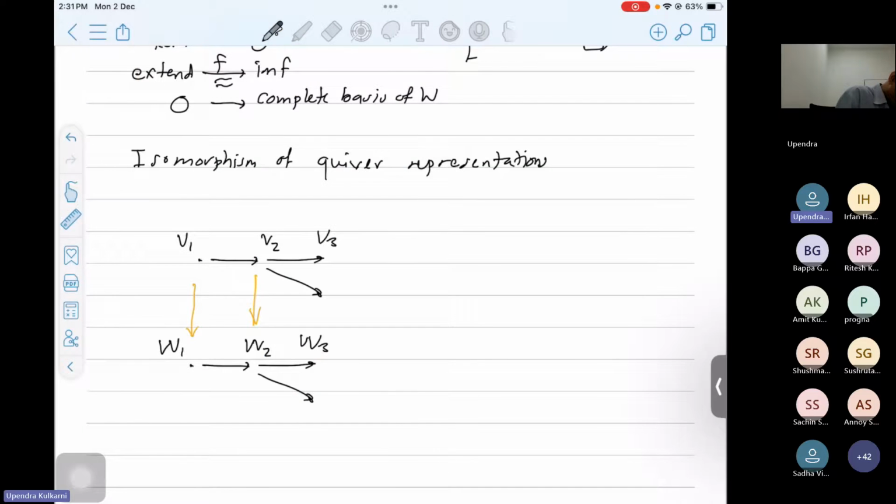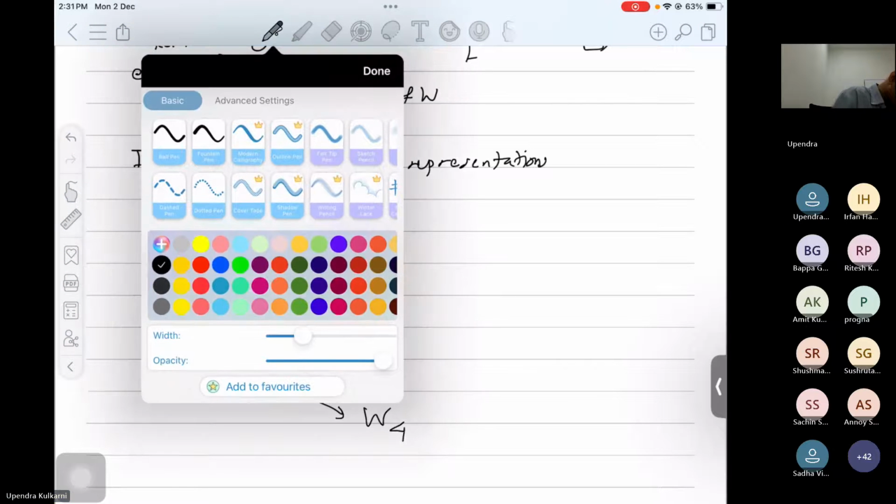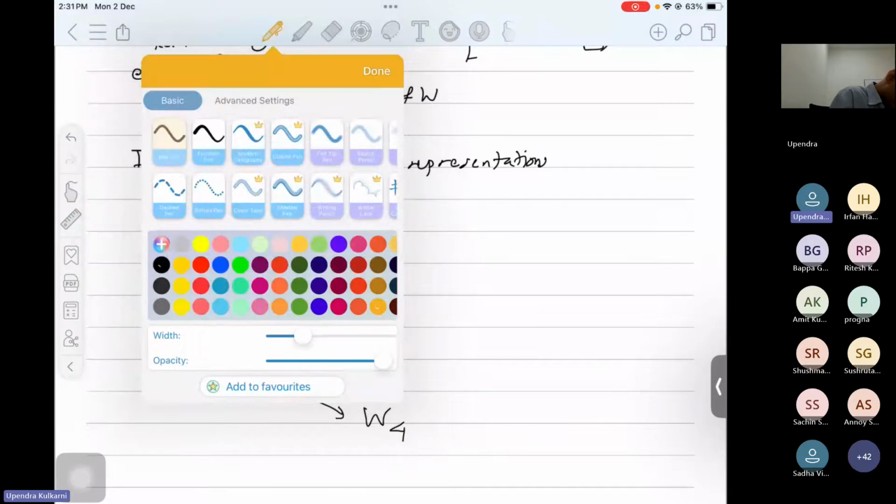So let's put this V4 over here, and let's put this W4 over here, and go back to our color.